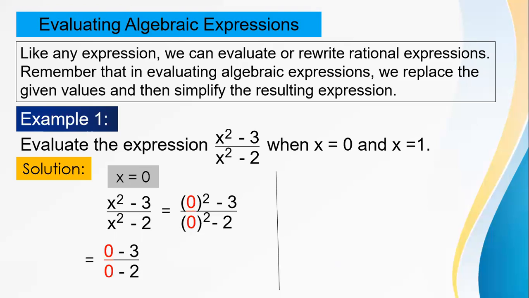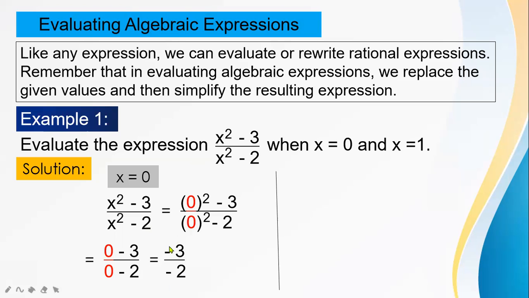And then after that, 0 raised to the second power is 0, minus 3, over 0 raised to the second power minus 2. So 0 raised to the second power is 0. So this one is your x changed to 0. Then after that, we have negative 3 over negative 2.